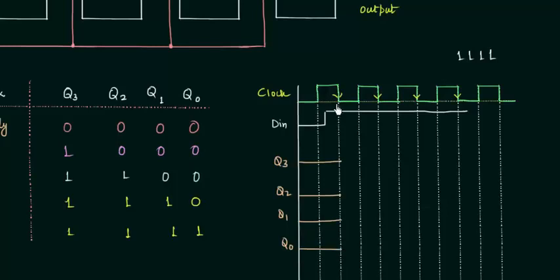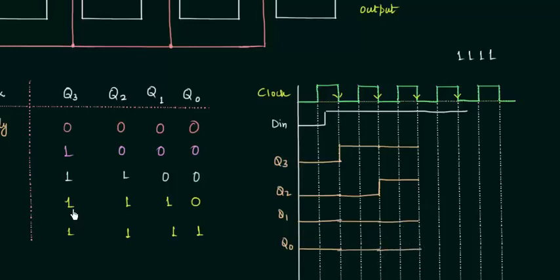For the first falling edge, you can see Q3 is high, whereas Q2, Q1, and Q0 are low. Now for the second falling edge, Q3 is high, Q2 is also high, Q1 was 0, and Q0 is also 0.